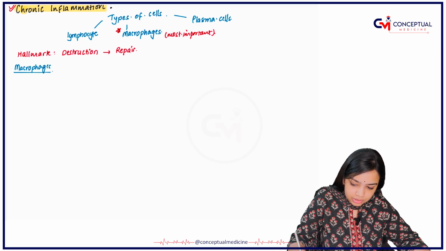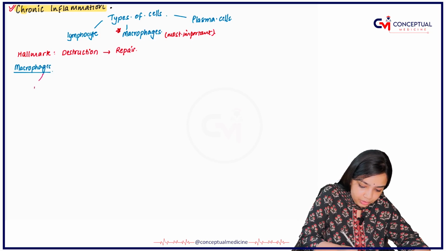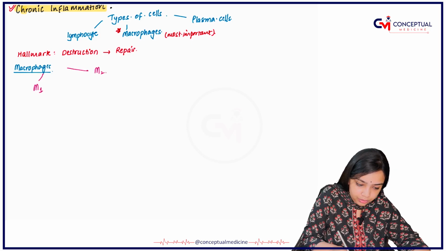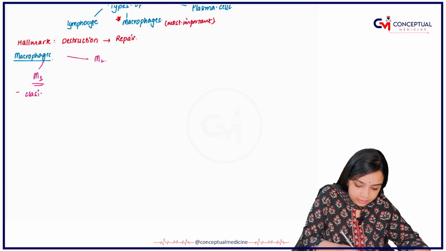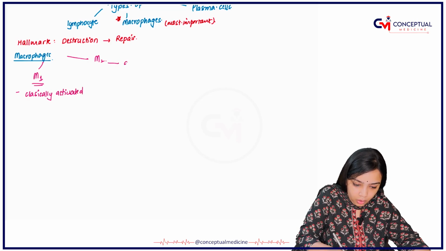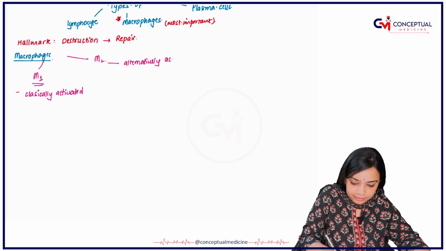Now macrophages are broadly classified into two, M1 and M2. M1 is classically activated and M2 is alternatively activated.